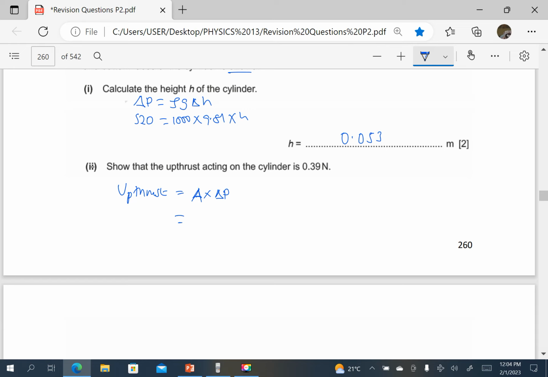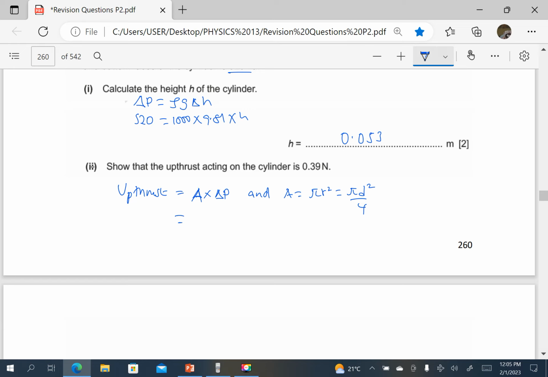So this is going to be, remember the area is equal to cross-section, pi r squared, which is pi d squared over 4 if we remove the radius.